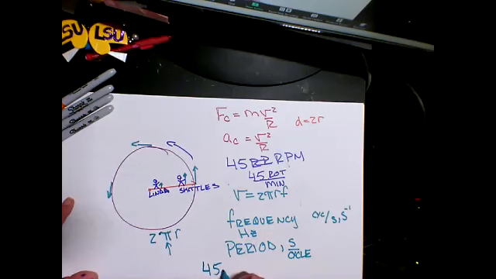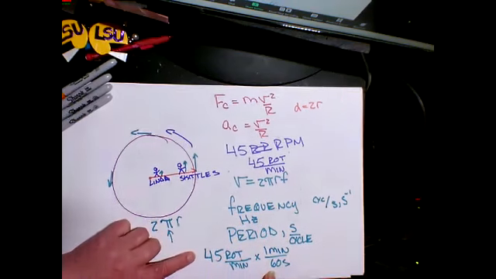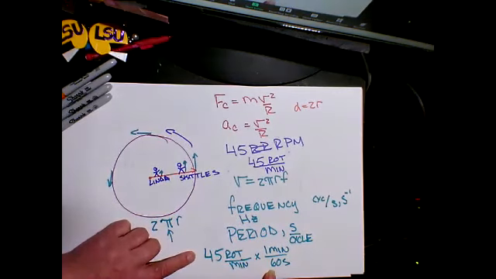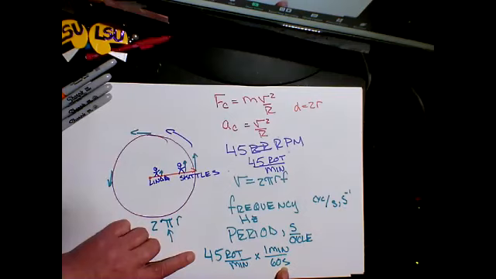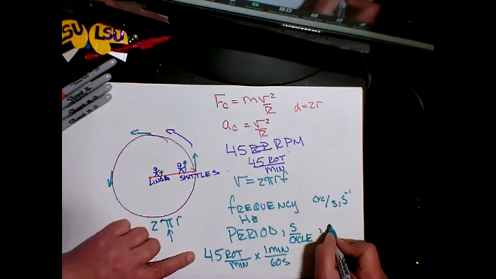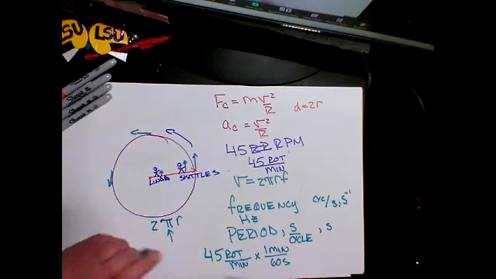I would have to turn that minute into 60 seconds, and that would give me rotations per second. Is that a frequency or a period? That would be a frequency. As you see, my time unit is on the bottom. So per minute, when it's on the bottom, that's a frequency. If I have something that is just in terms of seconds, that is my period, how long one cycle takes.